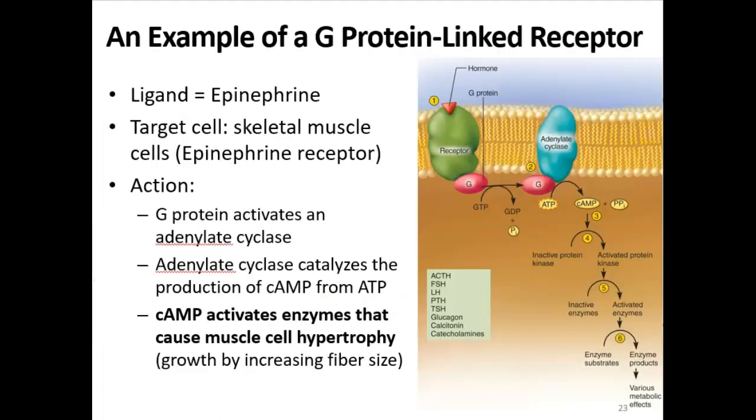So I want to show you a specific example of a G protein linked receptor, just so you understand the relevance. And we'll do an activity in class too, so you're not too worried about this. But a G protein linked receptor is shown here in green.